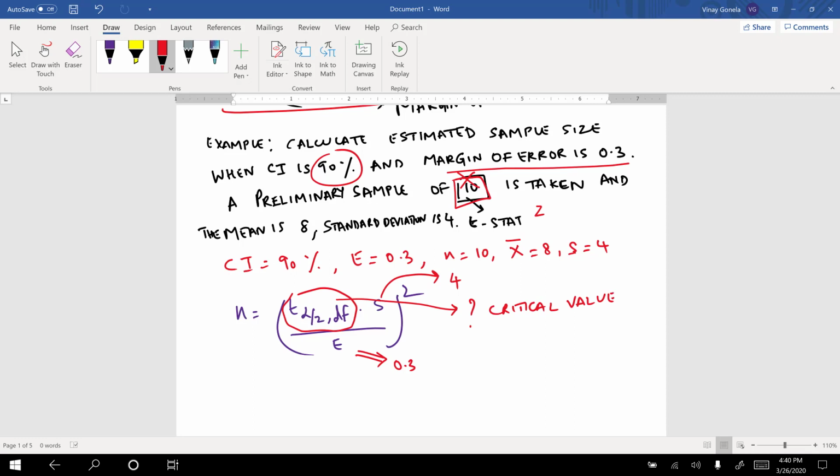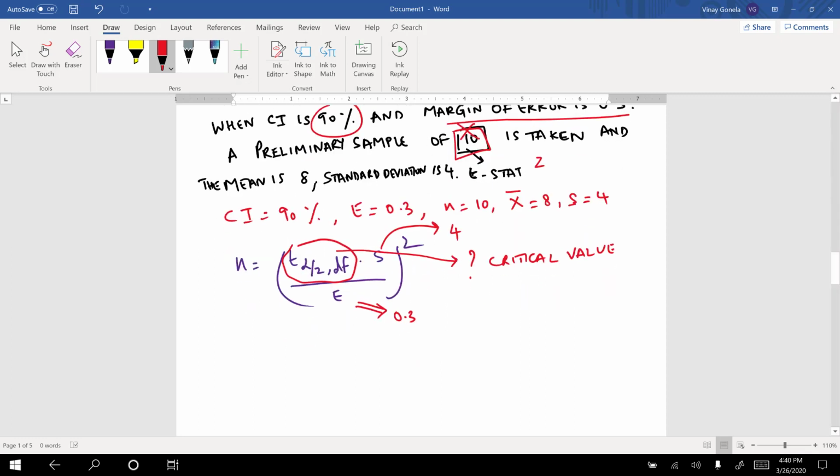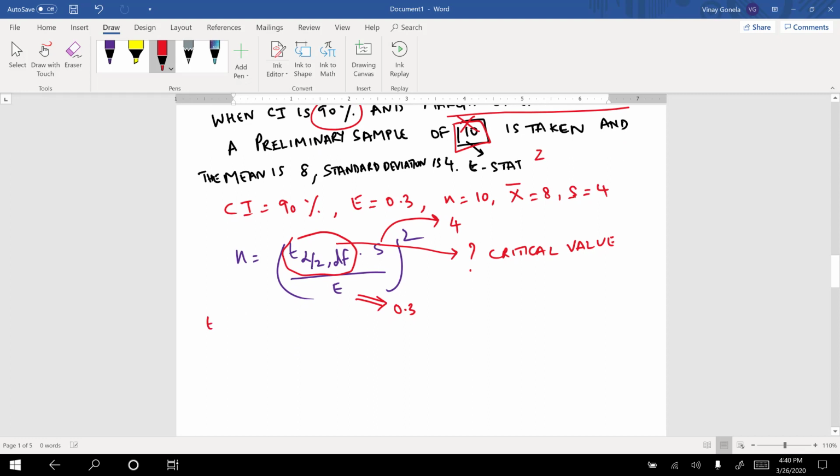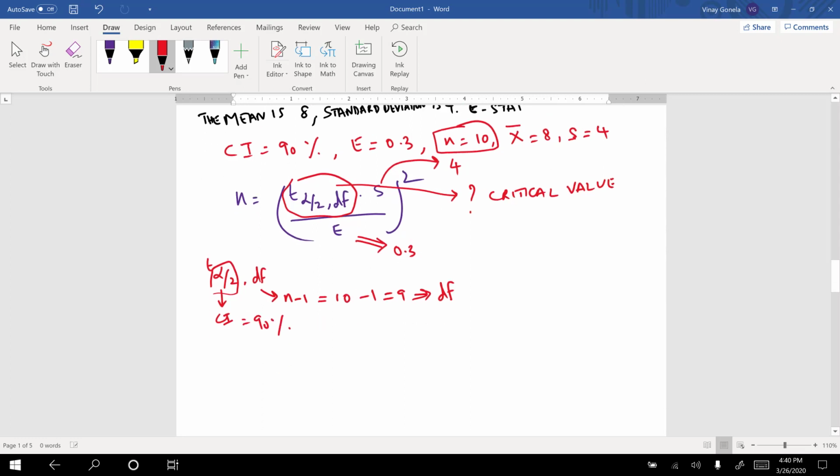To calculate T alpha over 2 degree of freedom: for alpha over 2 they gave us the confidence interval, and for degree of freedom it is n minus 1. Our sample size is 10, 10 minus 1, so 9 is our degree of freedom. The confidence interval is 90%, so you need to calculate alpha over 2.